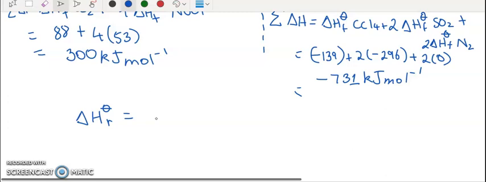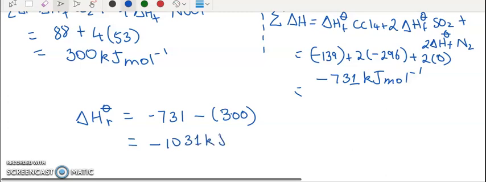So we know it's the reactants minus the enthalpy change of products. Minus and plus becomes a minus, therefore we have to add this, which gives us negative 1331 kilojoules per mole. And this is how you would do a calculation regarding standard enthalpy change of reaction.